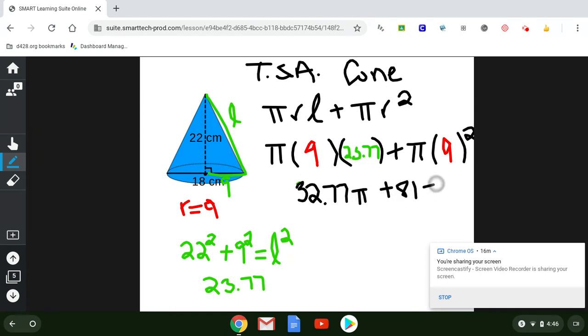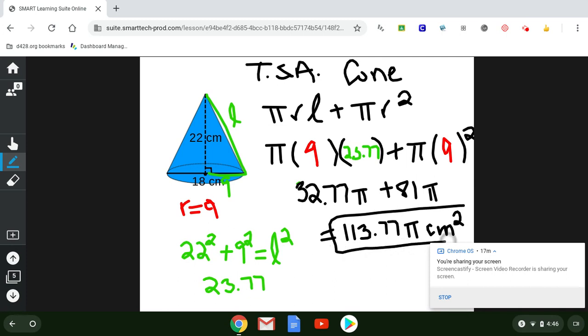Both of these are like terms, so I can add the numbers together, and I get 113.77 pi centimeters squared. You could multiply pi through. You might have to on some of the things we do with the digital e-learning, but the most accurate way to write this answer is to leave pi there.